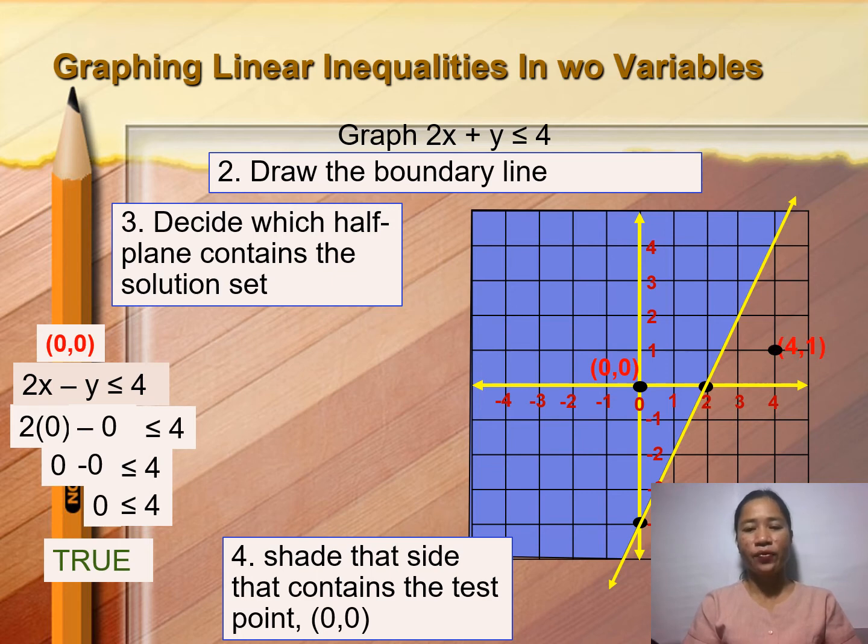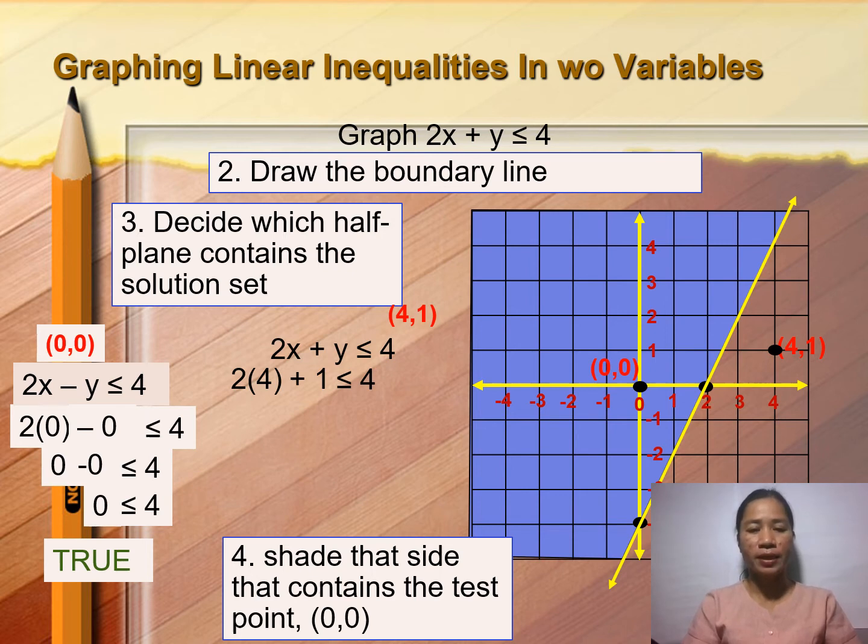What if we try 4, 1? Okay, replace the value of x and y by 4 and 1. So our equation now becomes 2 times 4 plus 1 is less than or equal to 4.